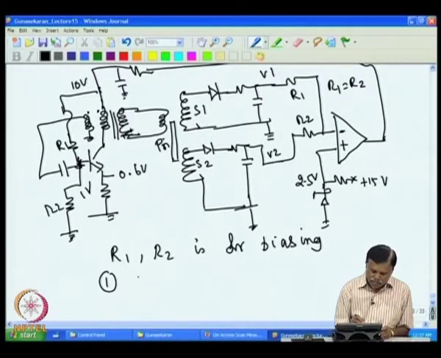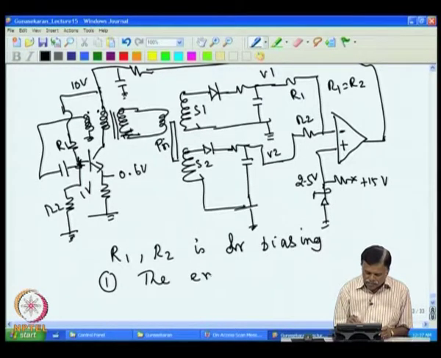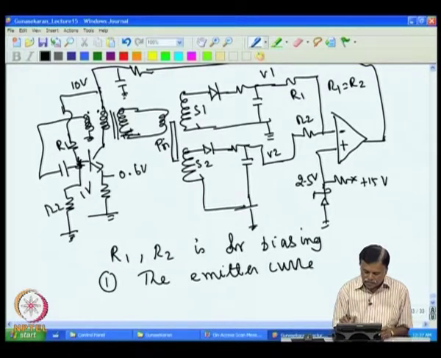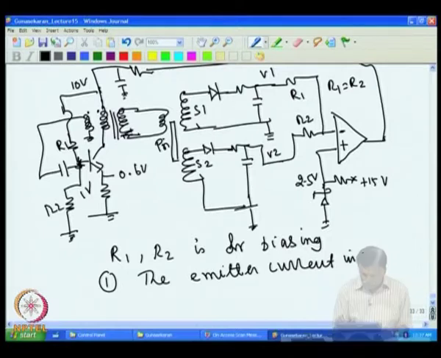So, the first step is that upon switching on, the emitter current increases.